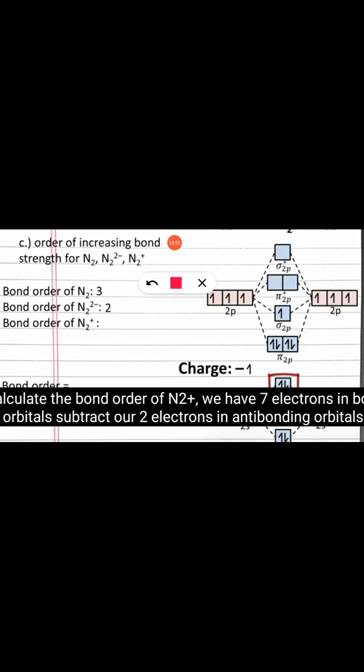Again, we calculate the bond order of N2 plus as the number of electrons in bonding. See here, 2s electrons in bonding and 5 electrons in bonding of the p orbital. So the total number of bonding electrons is 7, minus anti-bonding only 2 electrons, divided by 2.